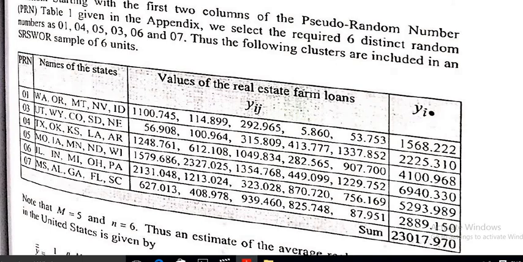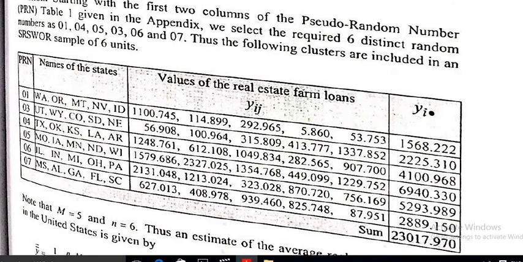That is, the real estate farm loans from state WA is equal to 1100.745. Similarly, the values from other states are given in this table.